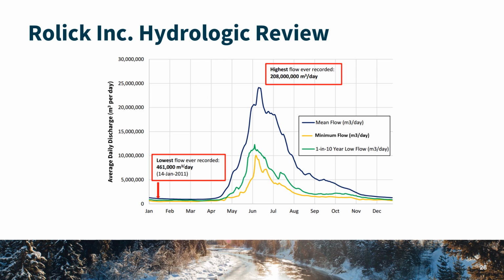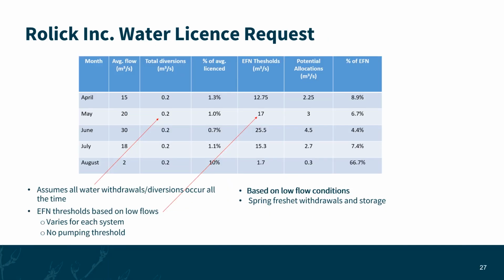Then I go a little step further, and during those months that I've proposed withdrawals, from April to August, I've got a summary in a table of what are those average flow conditions, the total diversions at my POD, the percent of those average flows that are already licensed, and what are those associated EFN thresholds with those flows.